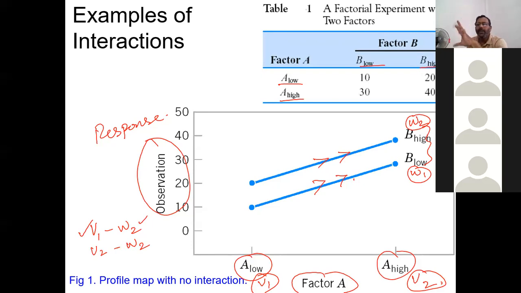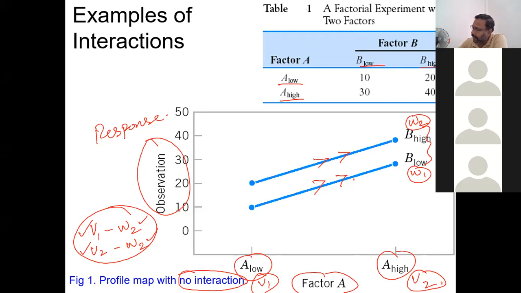We are using only two, W1 and W2, not others in the experiment. So for variety 2 also, the same W is good. That kind of situation is called no interaction. Write down very carefully. No interaction means, for example in this case, it is more or less parallel. So that is no interaction at all.